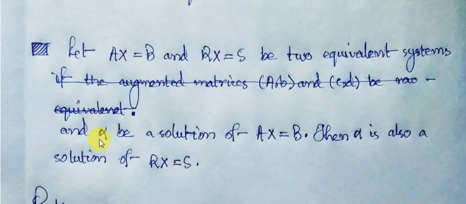Here I have written it in this line: if alpha is a solution of this system of equations, then alpha would also be a solution for the second system, Rx equal to s.